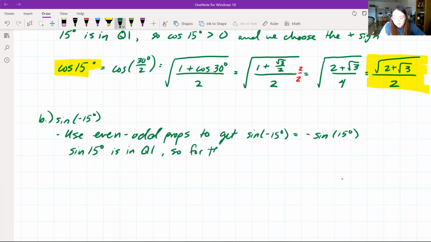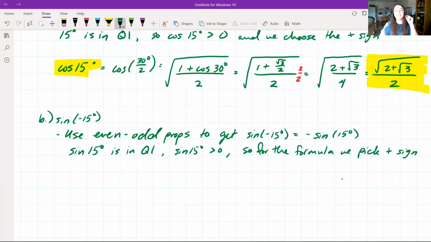So for the formula, 15 degrees is in quadrant 1, so sine of 15 degrees is greater than 0. So for the formula, we pick the positive sign. But that's only for positive sine of 15 degrees. We have negative sine of 15 degrees, so this means that we're automatically going to slap that negative on to our final answer.